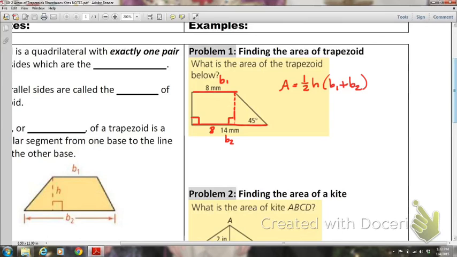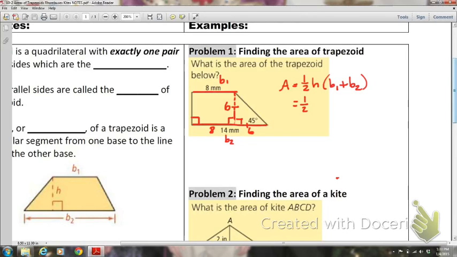So the other part of this, you have a right triangle over here that's a 45-45-90 right triangle. So what do you know about the legs of a 45-45-90 triangle? The legs are congruent. So this leg has to be congruent to that leg of the right triangle. So that tells you that that height is 6. So if you look at your formula now, you have all the parts that you need.